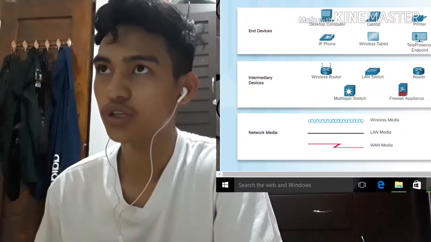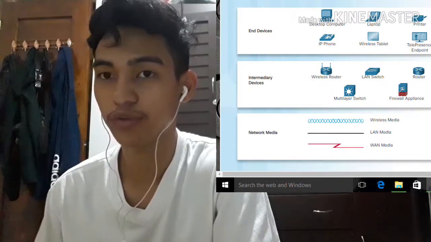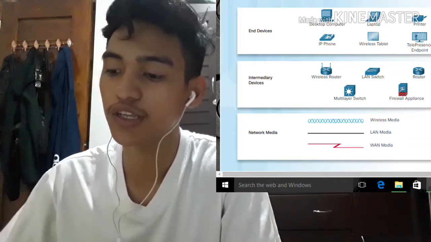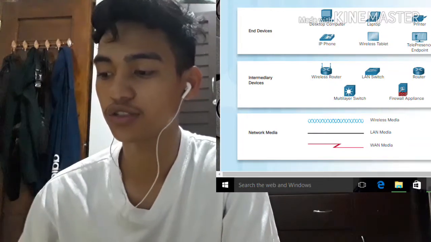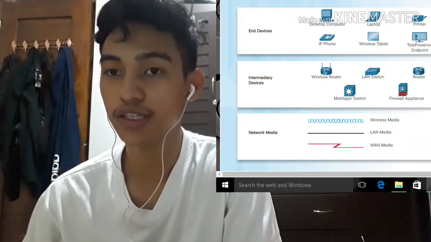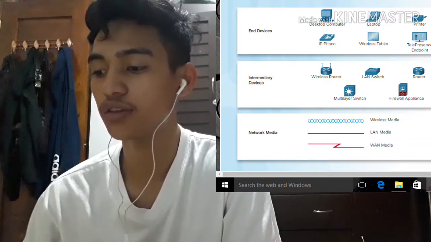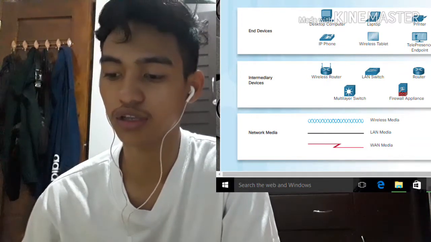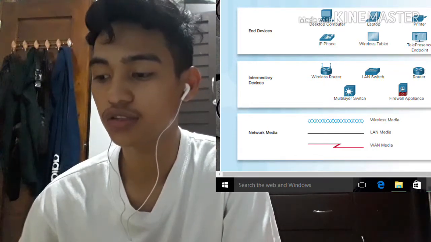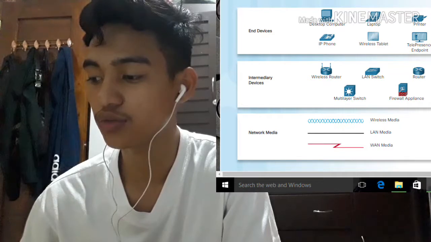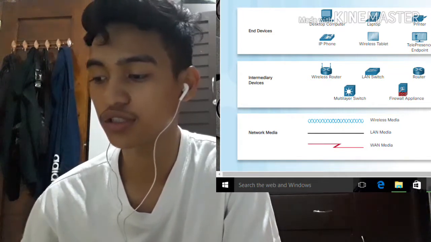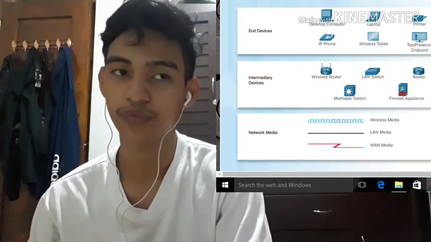Now, we talk about the network representations. So what is a network representation? To represent the different devices and connections that make up a network, a diagram provides an easy way to understand how devices in a large network are connected. The ability to recognize the logical representations of the physical networking components is critical to being able to visualize the organization and operation of a network.